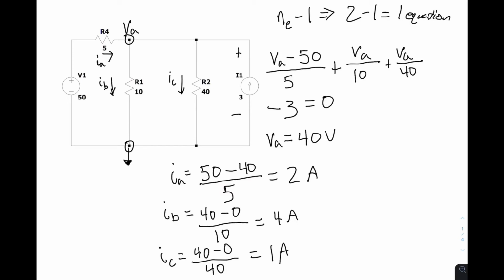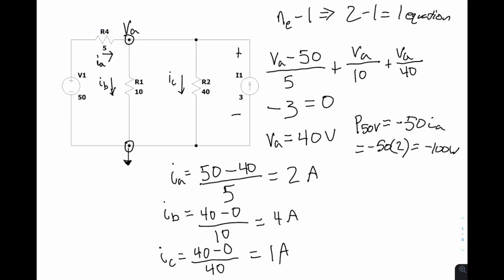Next, we can do some calculations about power. So, say we want to know the power associated with the 50 volt source. The power of the 50 volt source is going to be equal to negative 50 times IA, which is negative 50 times 2, equal to negative 100 watts.